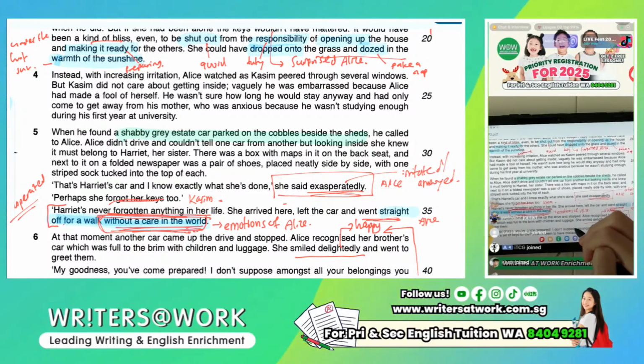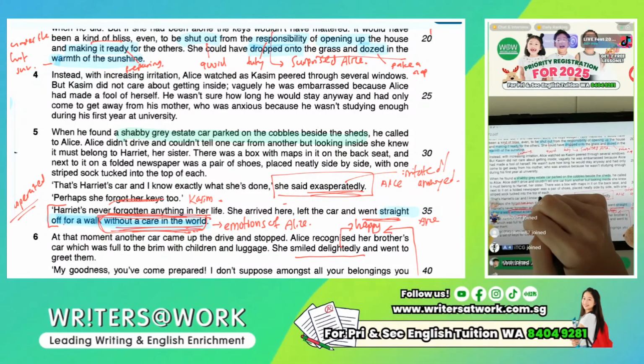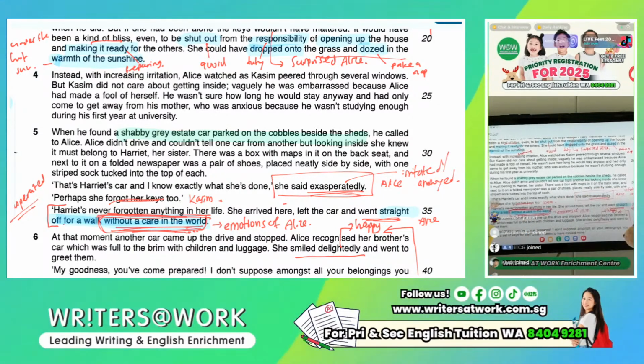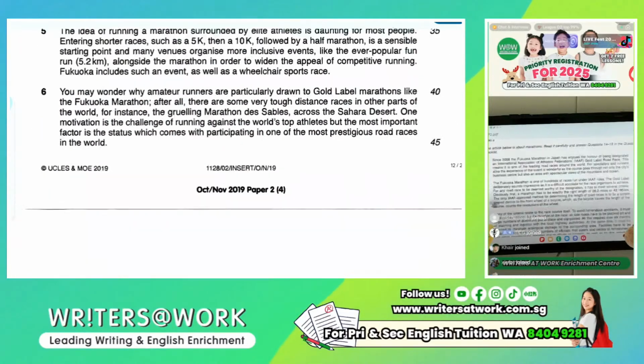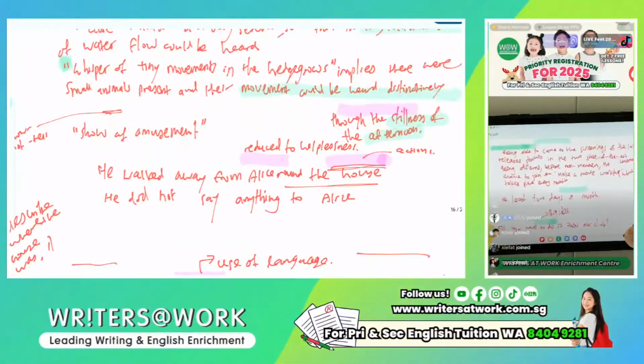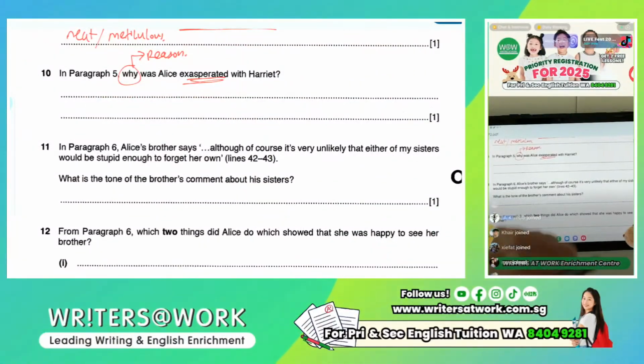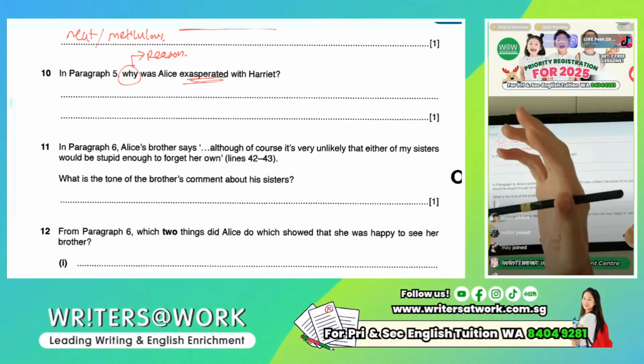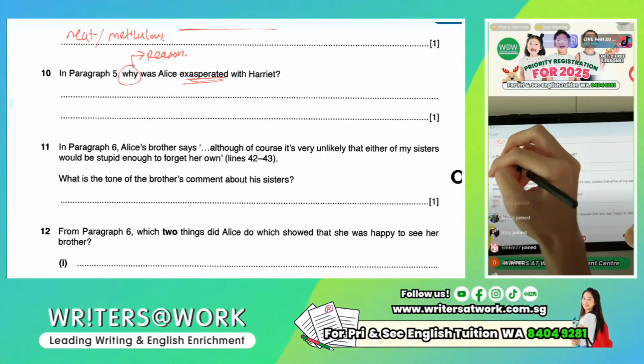What must she care about? Opening the house. So the idea that we need to bring about here is that she was exasperated because she went out for a walk without preparing the house or opening it up for her when Alice herself had forgotten the key.